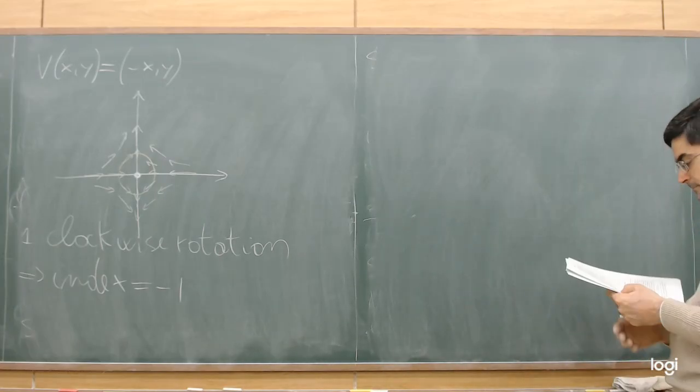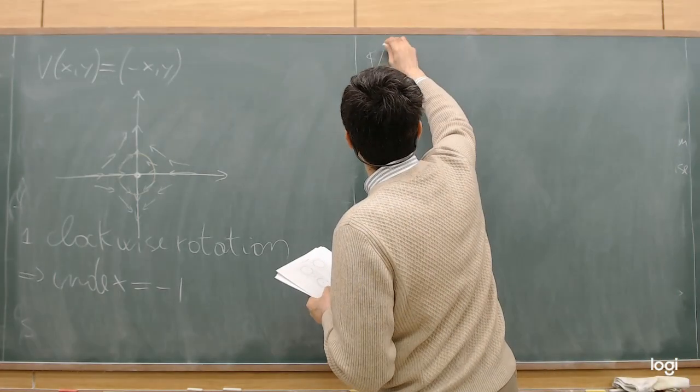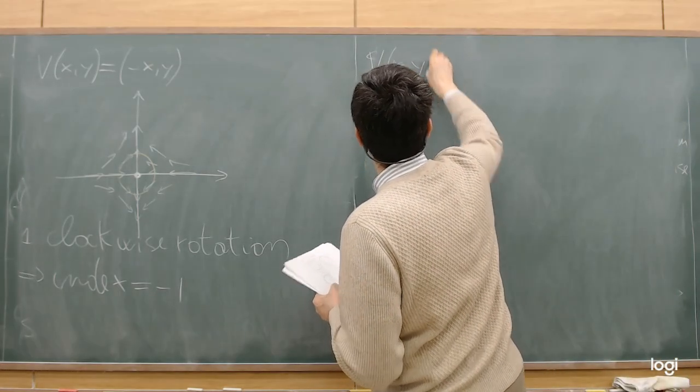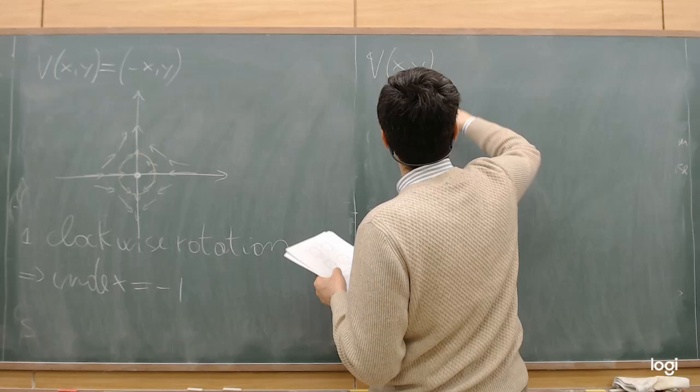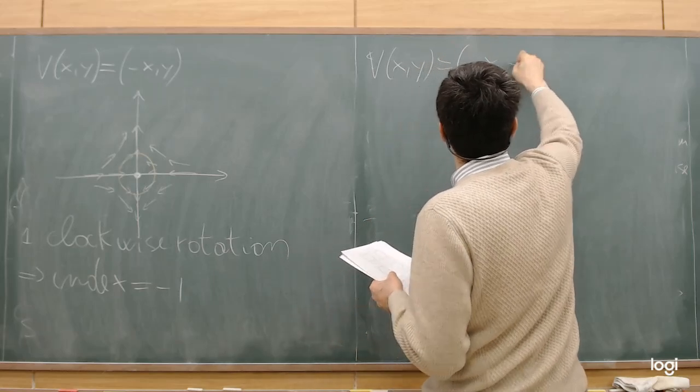The third example is the one where V is given by this function.